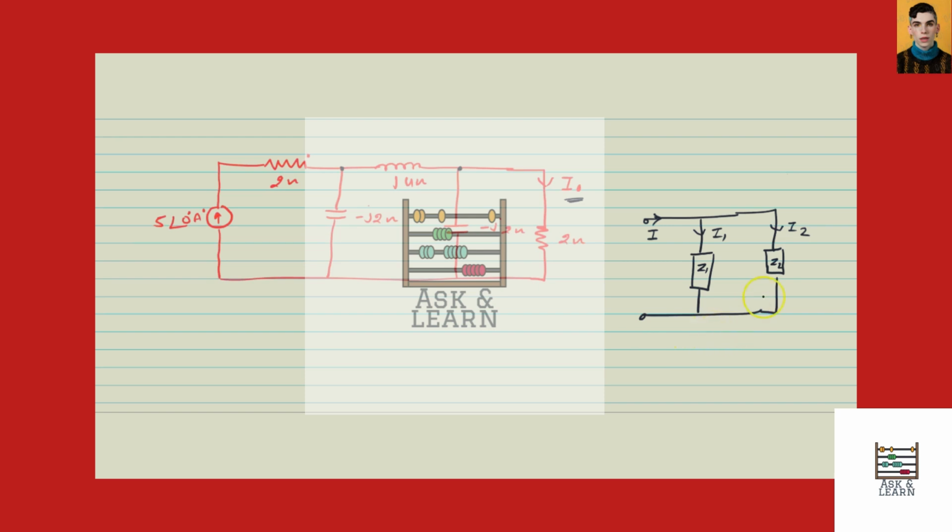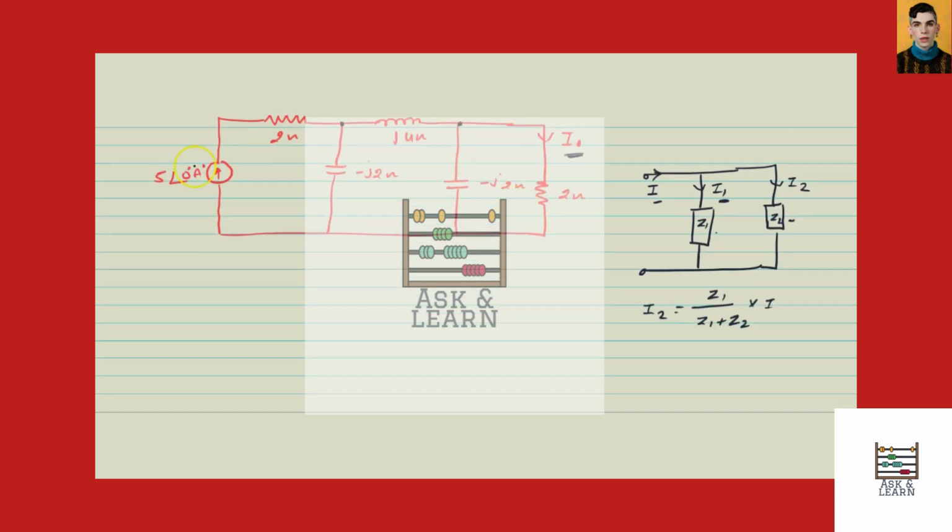If we want to calculate I2, we put the opposite branch impedance Z1 upon Z1 plus Z2, times total current I, which gives the value of I2. If you want to calculate I1, then we put Z2 upon Z1 plus Z2 times total current I. So first we have to convert this circuit into a two-branch circuit.